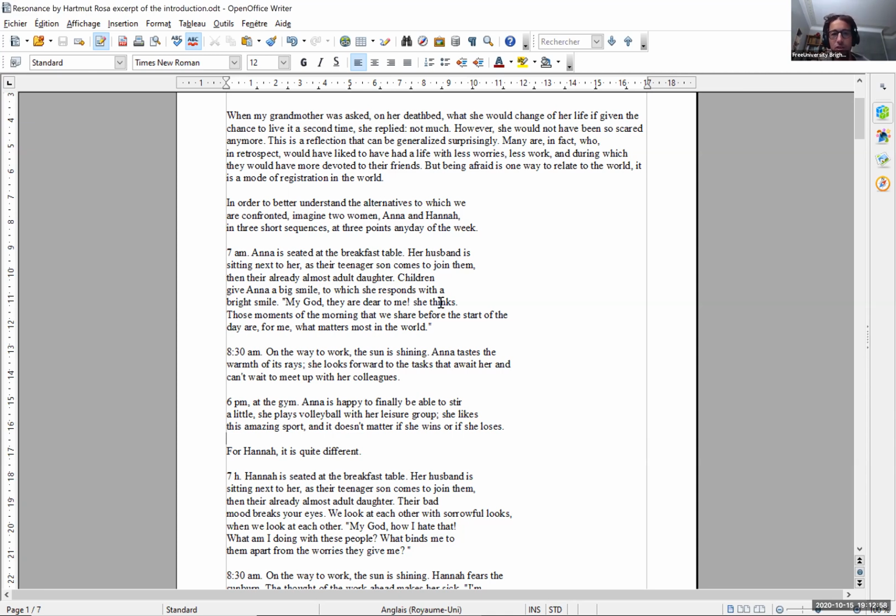As their teenage son comes to join them, then their already almost adult daughter. Children give Anna a big smile, to which she responds with a bright smile. My God, they are dear to me, she thinks. Those moments of the morning that we share before the start of the day are, for me, what matters most in the world. That feels like a resonance thing.